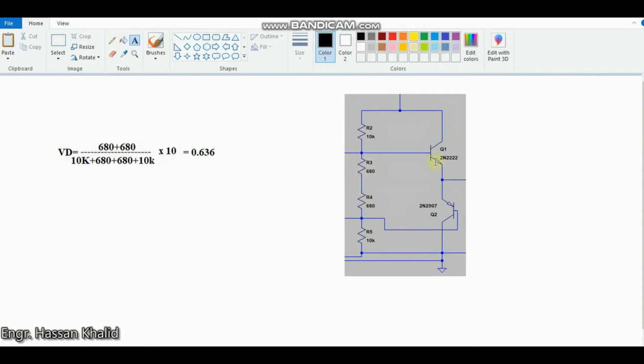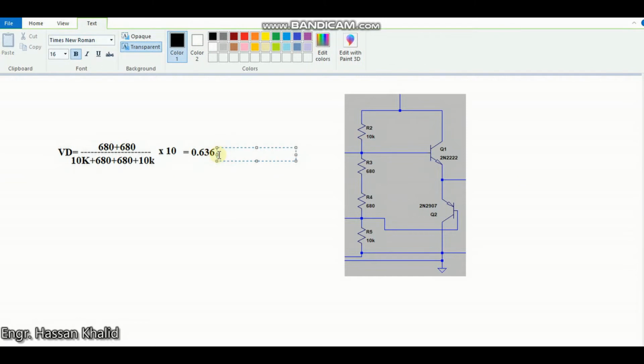So if there are two base emitter junctions, that means the 0.636 volt will be divided equally between these two transistors because they have the same specifications and ratings. Each of the base emitter junctions will share an equal amount. That means the 0.636 will be divided in two parts.